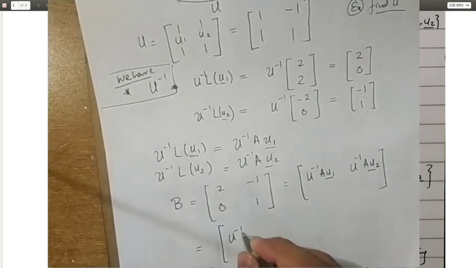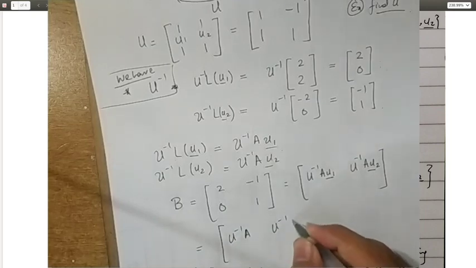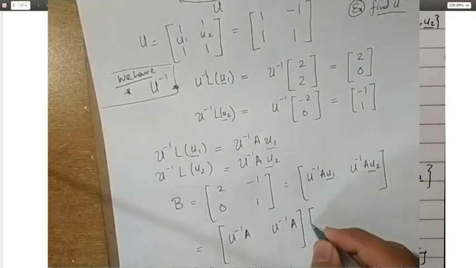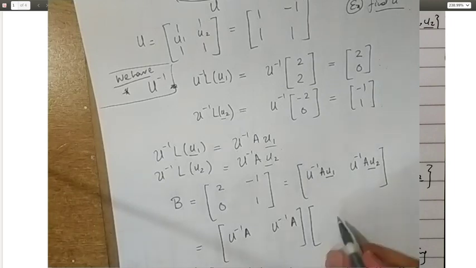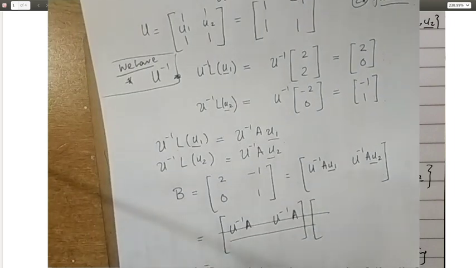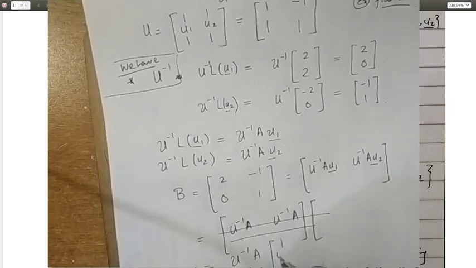So it was U inverse A being multiplied by, if you separate this, U1 as the first column and U2 as the second column.